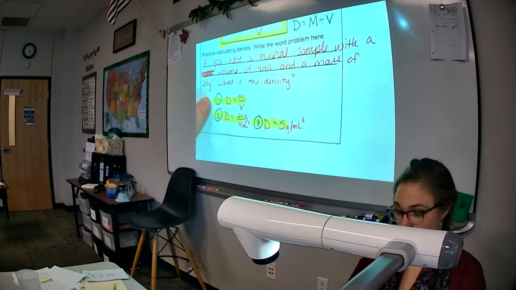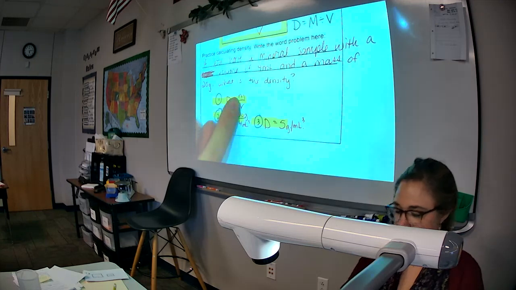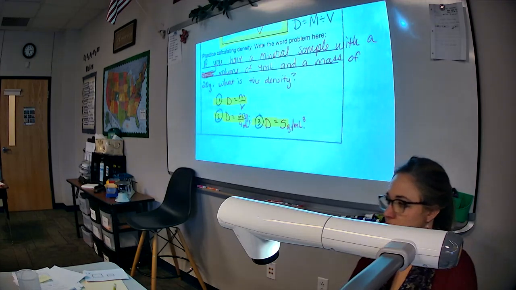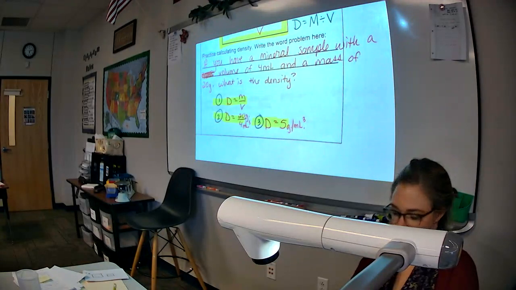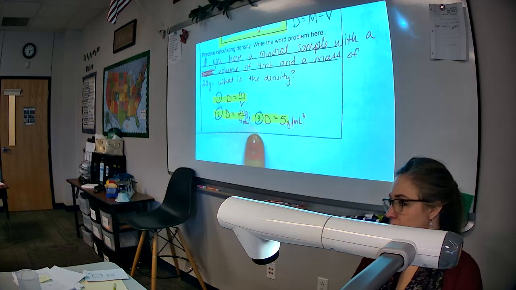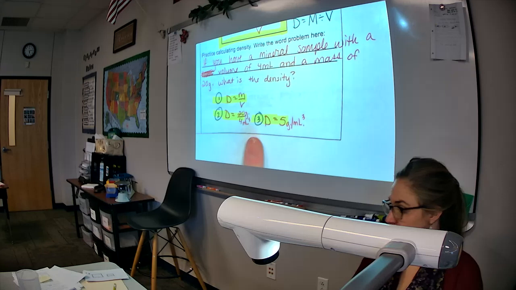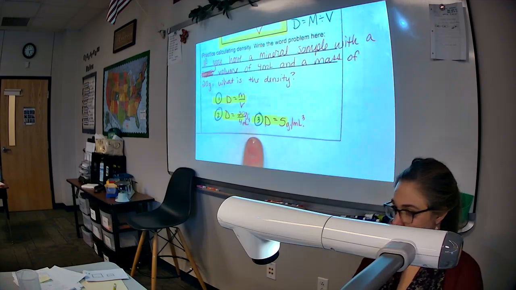Oh, it's only because I did M over V instead of M divided by V. Okay, well then it should look like this. What do you have that's different? Yeah. Brooklyn?